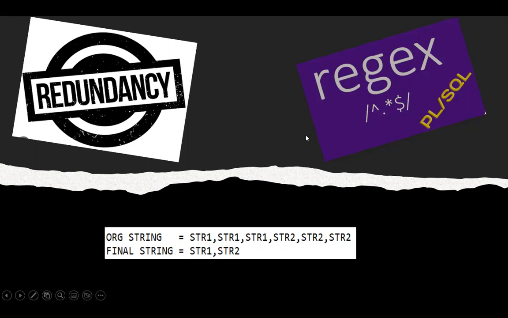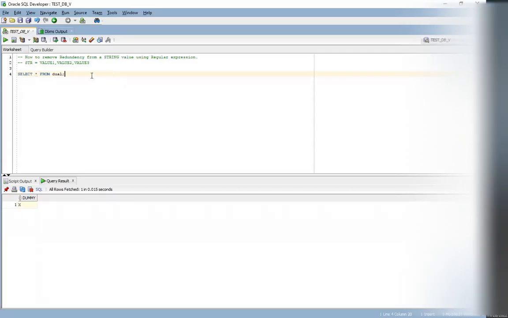So let's create a data set for this and solve the problem practically. I'm connected to one of my databases, and the connection is working fine. First of all, we need to create a data set.